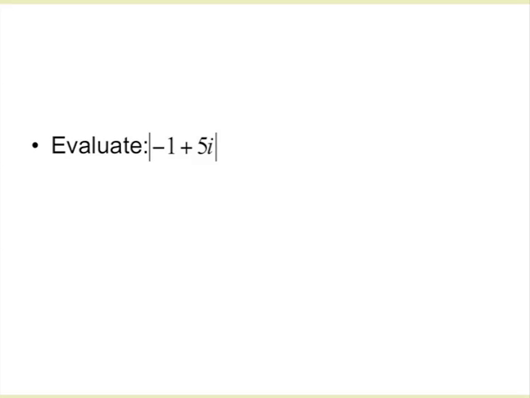So for this one, I'm going to start by plotting it. So I'm going to go -1 on the real, up 5 on the imaginary. Connect to the x-axis, and connect to the origin, and I get a really skinny little triangle. I'm going to fill in the sides of the triangle. You don't really need to worry about negatives here because we're talking about distances.